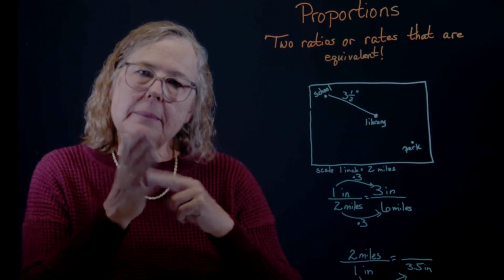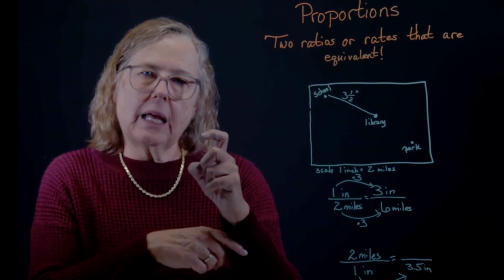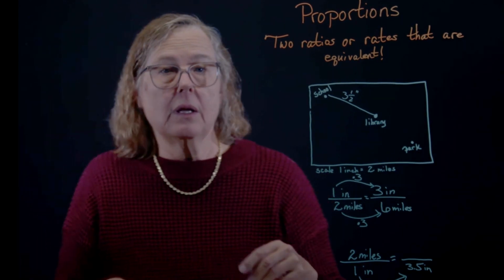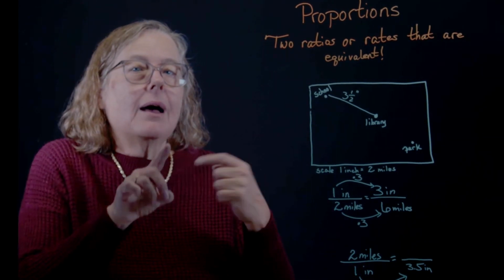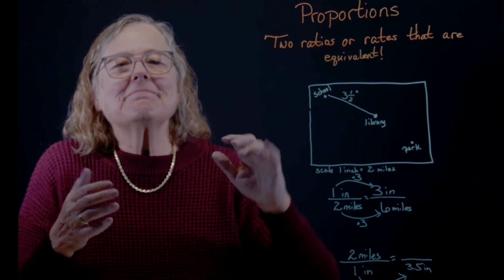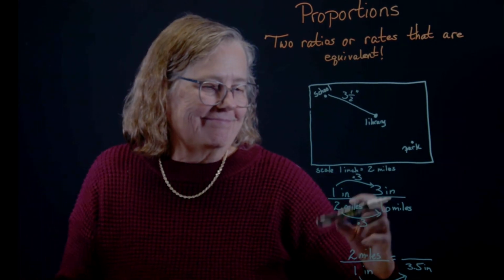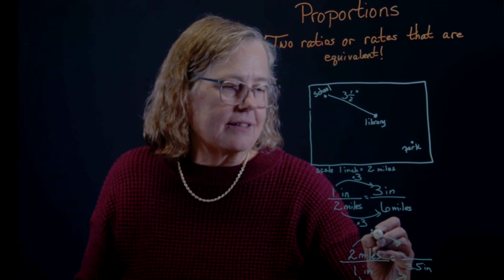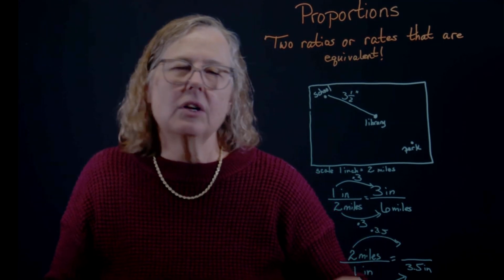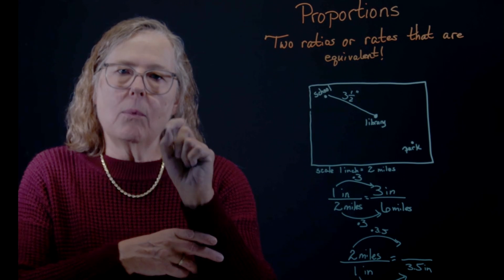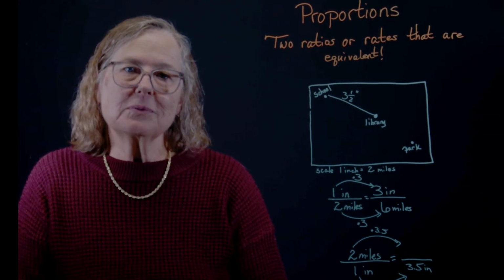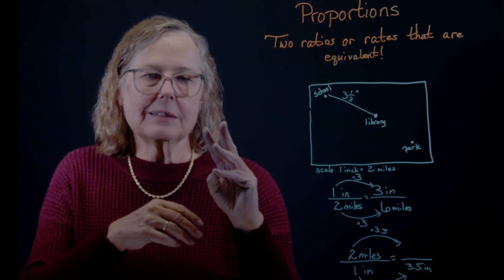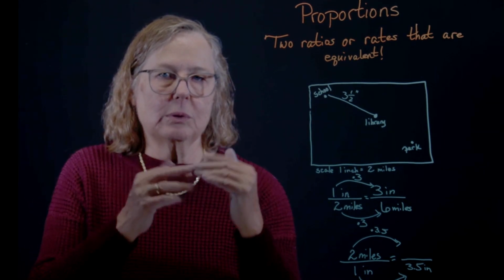Do you remember? The dot means to multiply. We're not using an x anymore because that's a variable that we're going to use later and we don't want to get confused. All right, now I can do that on the bottom. I can multiply by 3.5 as long as I do it on the top. Good job. Do you know what 3.5 times 2 equals? Good. 3 times 2 is 6. 0.5 times 2 is 1.